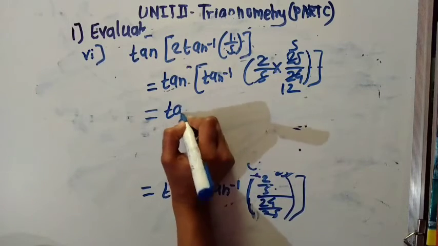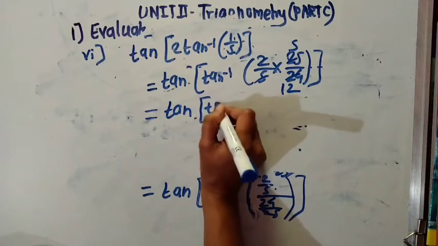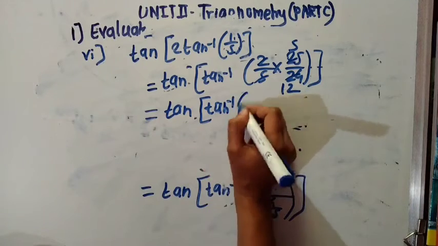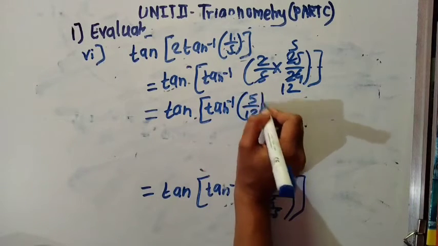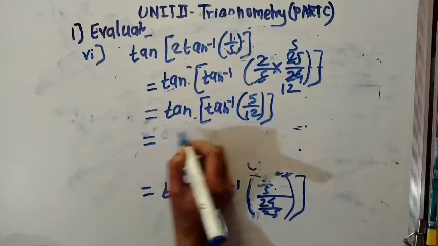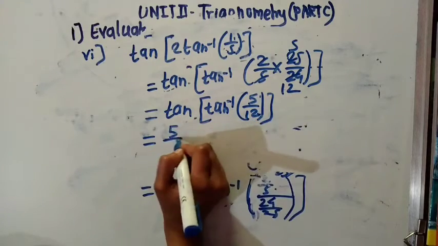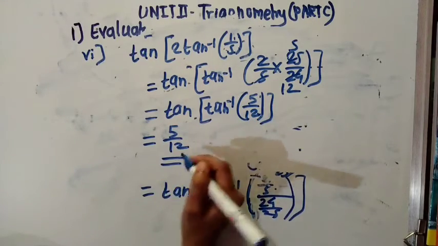Hence tan inverse of 5 upon 12, and tan of that is equal to 5 upon 12, which is the answer.